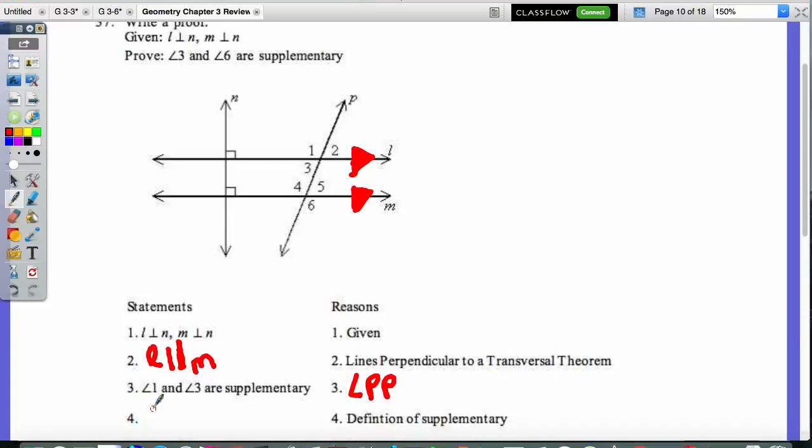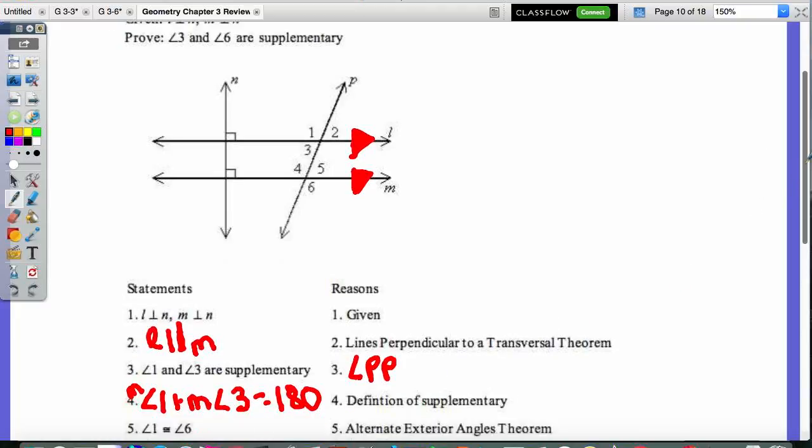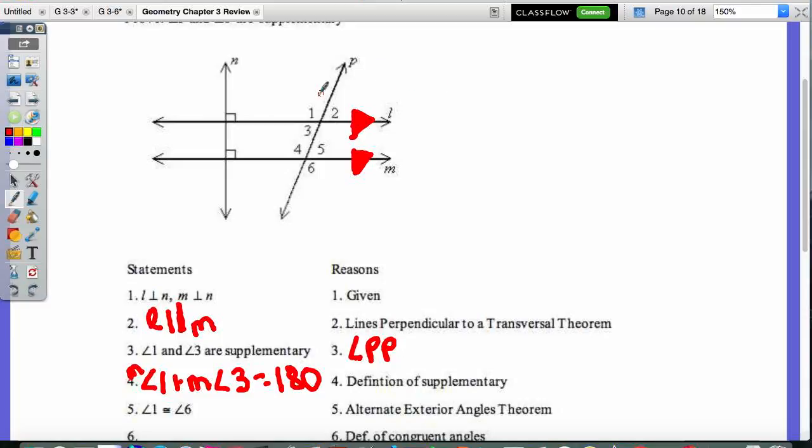Now, what does supplementary mean? That means that their measures add up to 180 degrees. So the measure of angle 1 plus the measure of angle 3 is 180 degrees. Side note, 1 and 6 are alternate exterior angles and they're congruent because the lines are parallel.